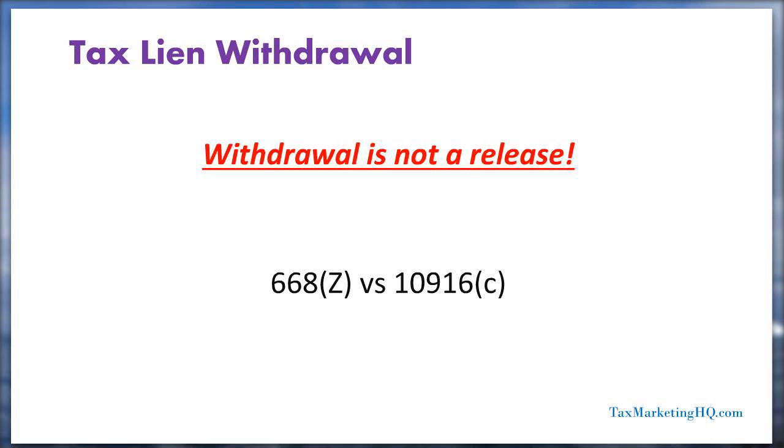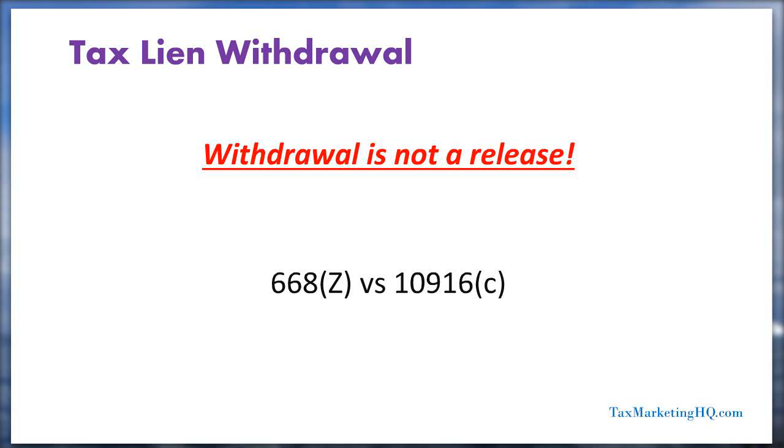So let's start with what I think is probably the single most important part of this entire concept here. A lien withdrawal is not a release of the tax lien. When a federal tax liability exists, there is a statutory tax lien that encumbers all property and rights to property of a taxpayer.